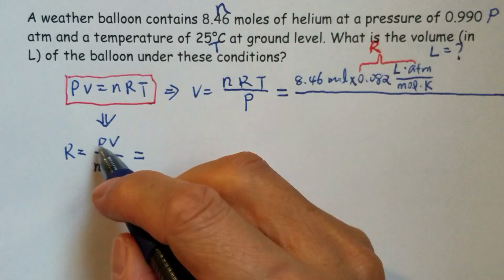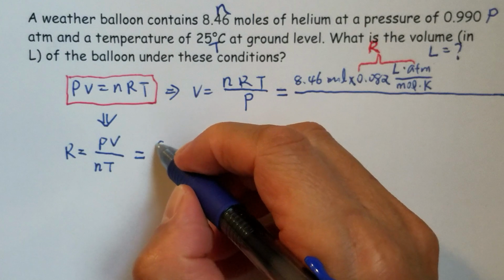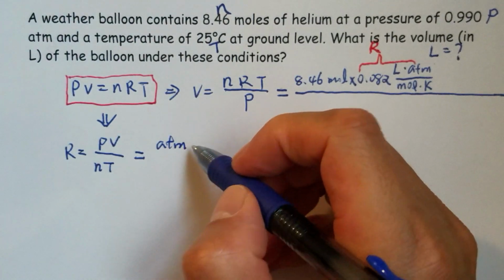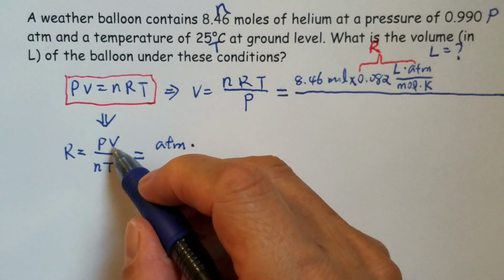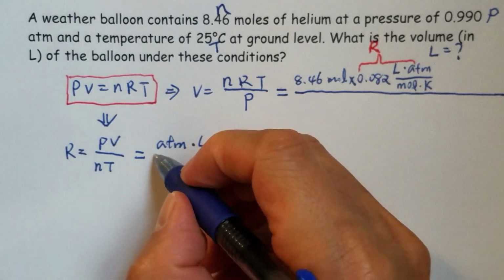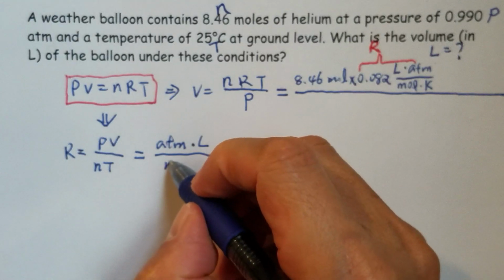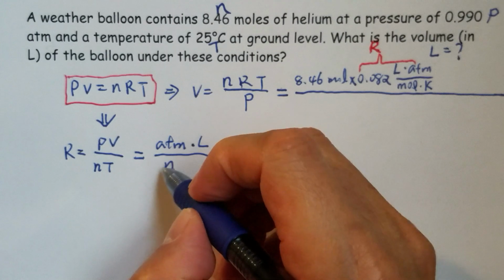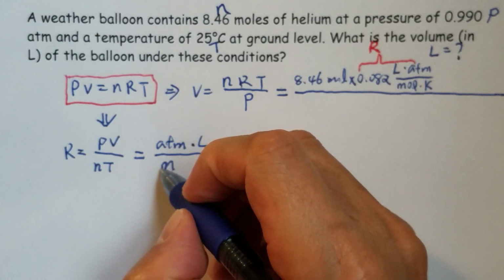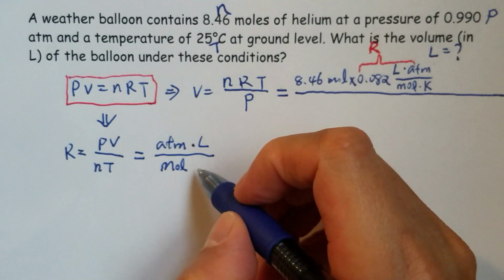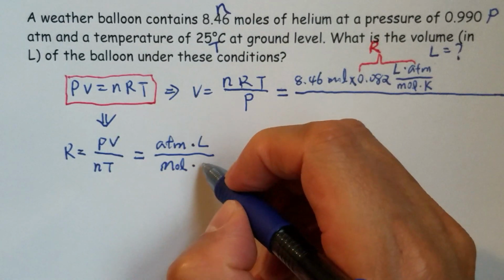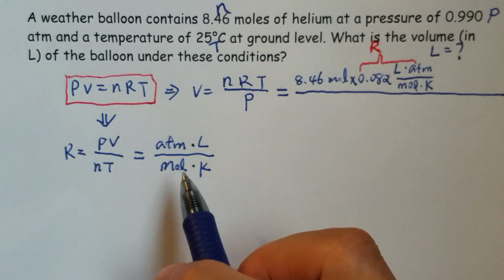So the unit should be, okay, pressure should be in atmosphere. And then the volume should be in liter. And the number of moles should be N, actually, N should be MOL. And then the temperature should be in Kelvin. And look at that.